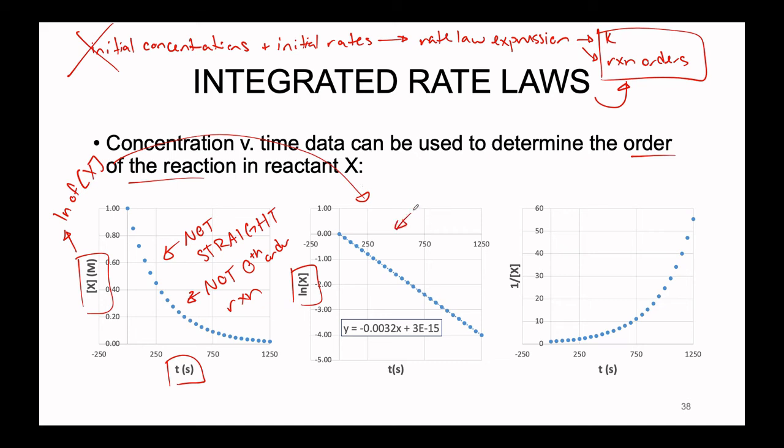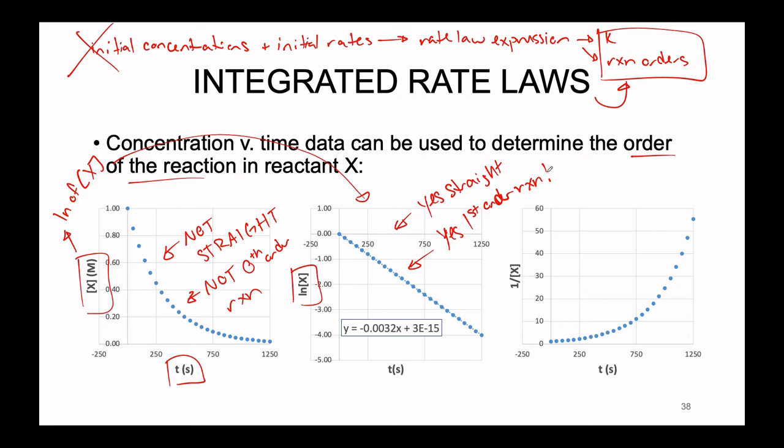Because this line is straight, this signifies that we are working with a first order reaction. Again, if and only if statements here. If the line is not straight, it's not that order. If it is straight, it is that order.